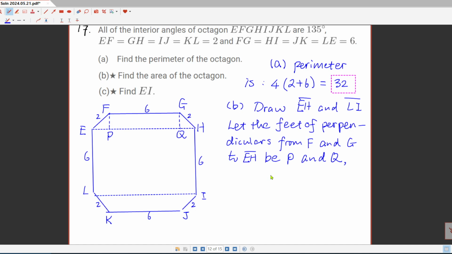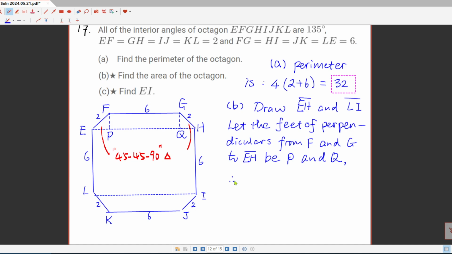So FP and GQ can divide the trapezoid EFGH into two 45, 45, 90 triangles here and here, right? These two little triangles, both of them are 45, 45, 90 triangles, and a rectangle FPQG, right?